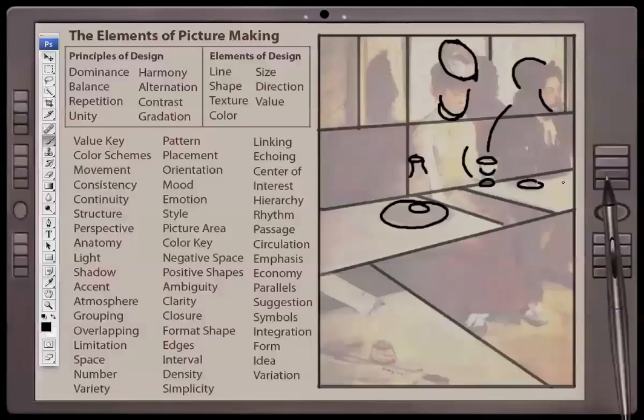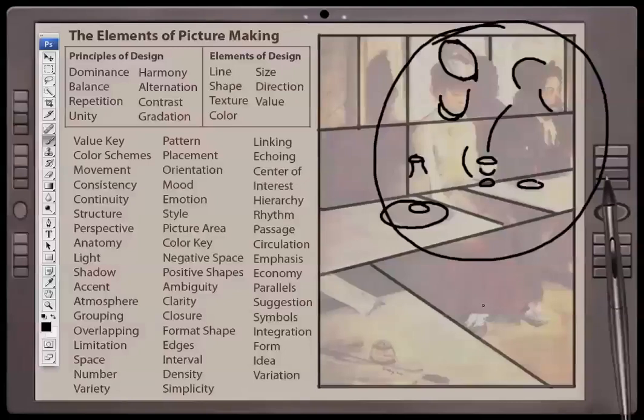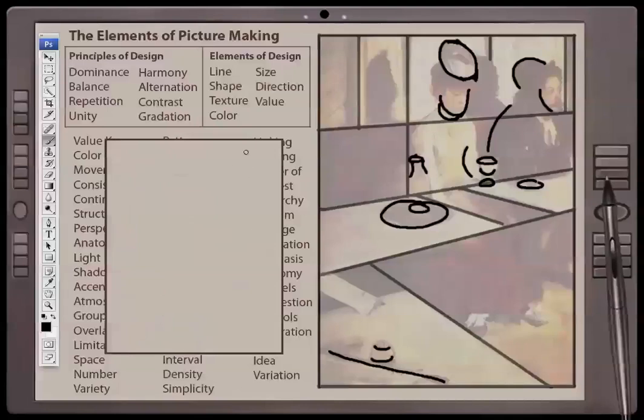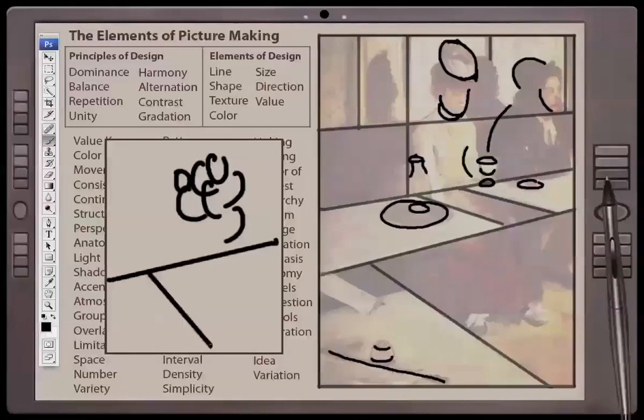And you'll notice that these curves are focused around this area where the center of interest is to draw attention there. And over here, you can see a little curve and a little curve there, and then there's a straight line here. Essentially, what this composition is in terms of line is curves seen against straight lines, as I pointed out to you.